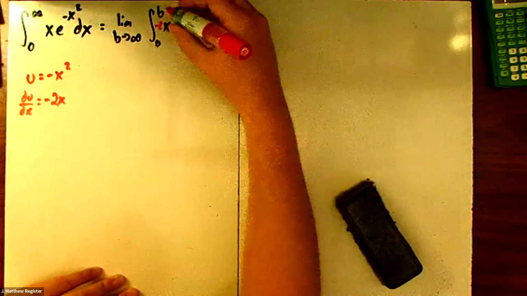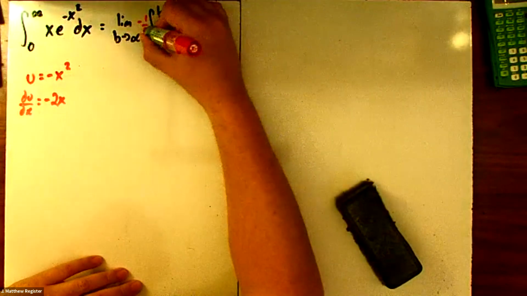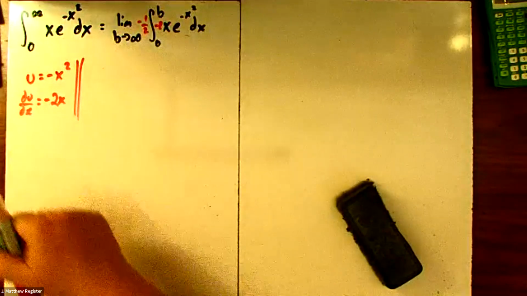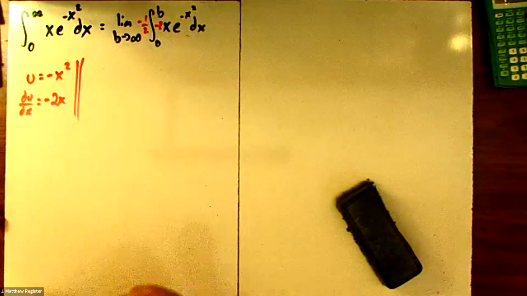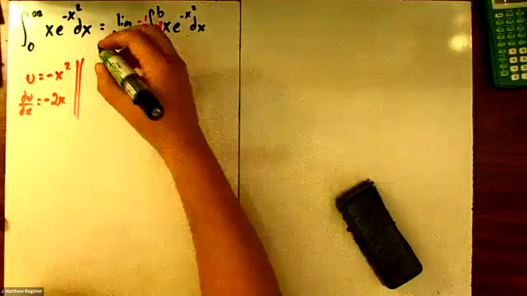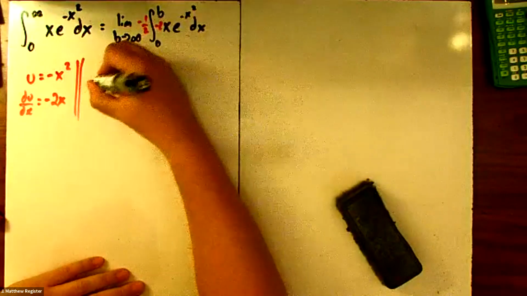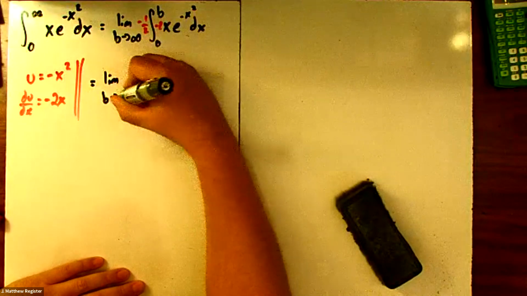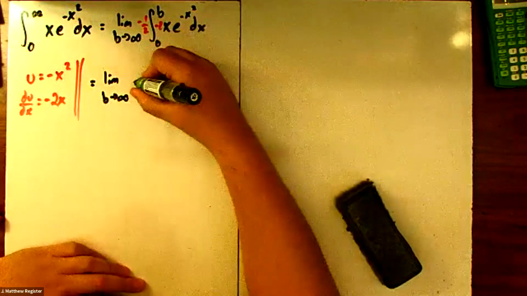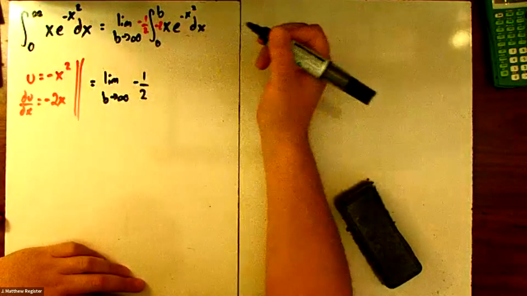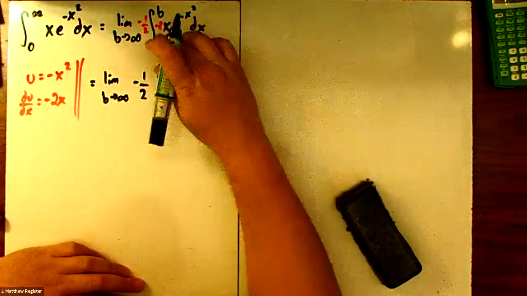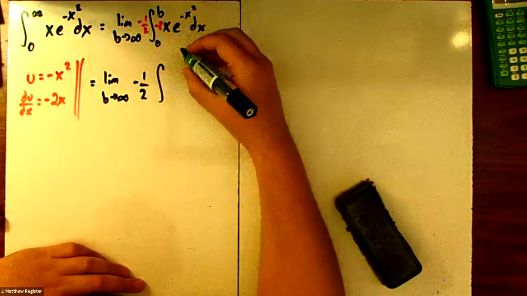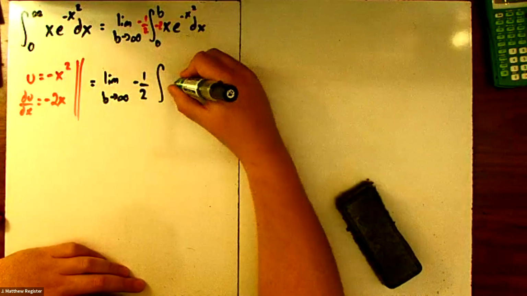We would need to balance it with a negative 1/2. So now we can integrate no problem. Rewriting this, it's now going to be the limit as b goes to infinity of negative 1/2 times the integral, that becomes our du dx, and this is going to be our e to the u.